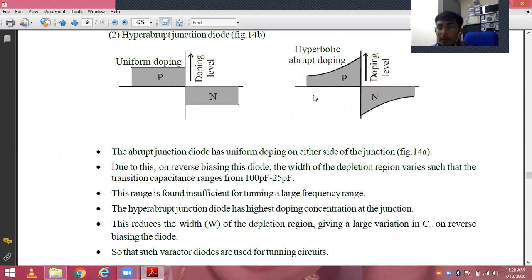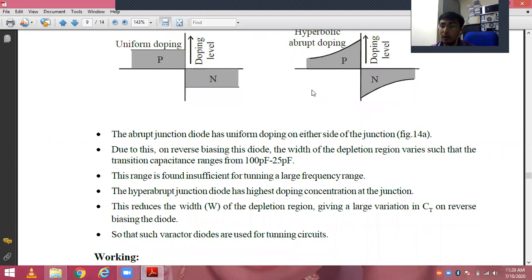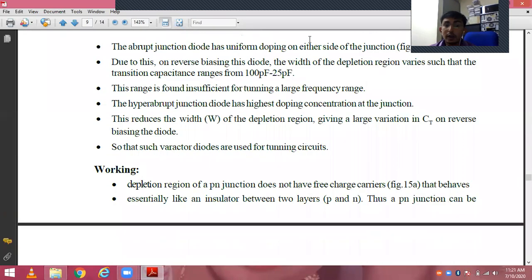By the equation CT is equal to epsilon A upon W, as the width decreases, the capacitance will change accordingly. So the Varactor diode is used for tuning circuits for its variable capacitance.